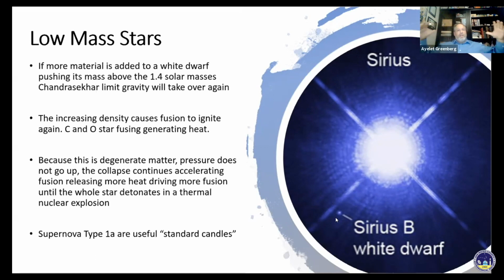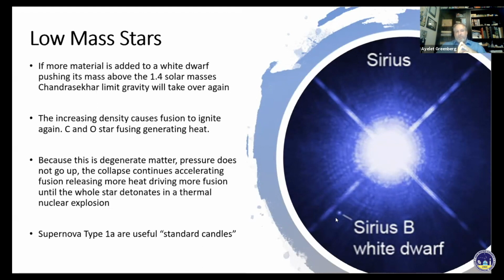It's not going to increase the size of the structure. So pressure isn't going up, the collapse is continuing to happen, and as density increases, it's driving more heat and more nuclear fusion until the whole star detonates in a supernova. And that is known as a supernova type 1a.